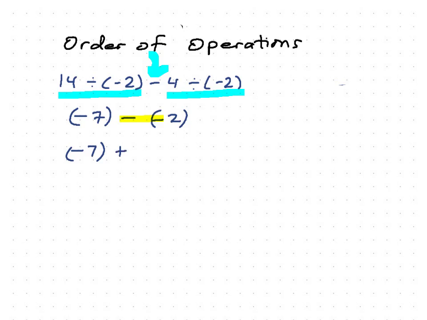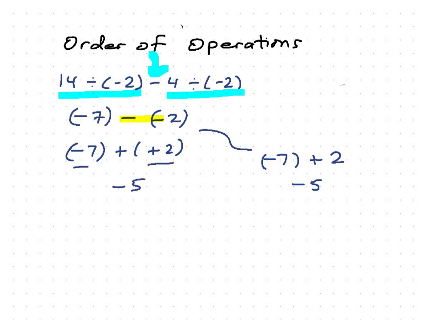Negative 7 plus a positive 2. Or you can look at those two negatives together and say, hey, a negative and a negative equals a positive. And you can get the same answer. Negative 7 plus 2 is a minus 5. Or negative 7 plus a positive 2 is a negative 5.